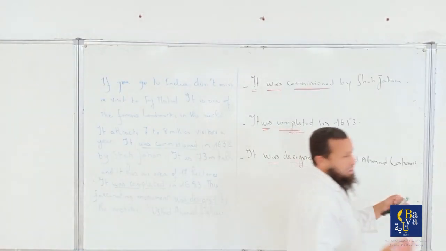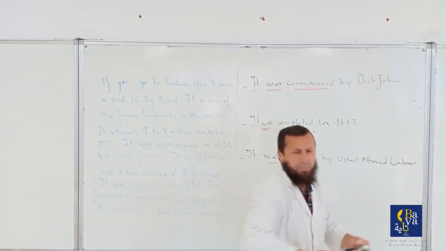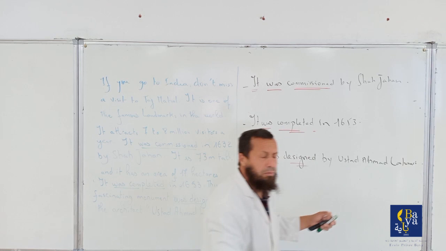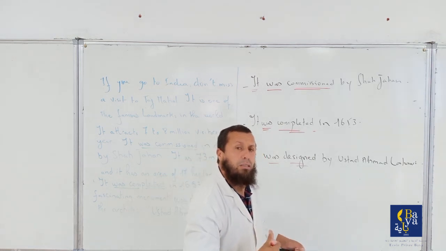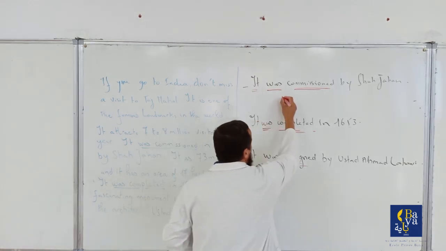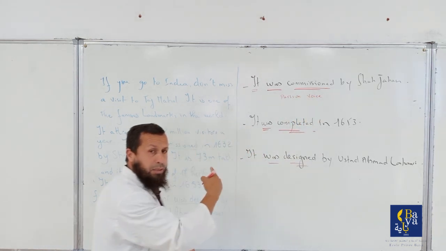We are not focusing on the other information. We are not focusing on the subject, the doer. We are talking about the object, the thing. Okay, so this is what we call the passive voice.